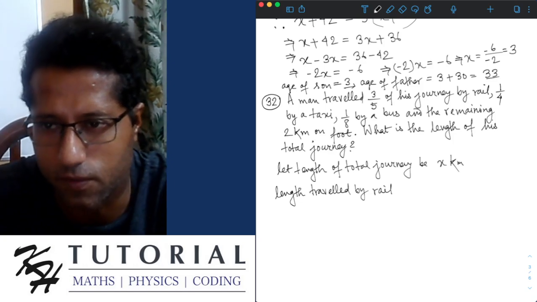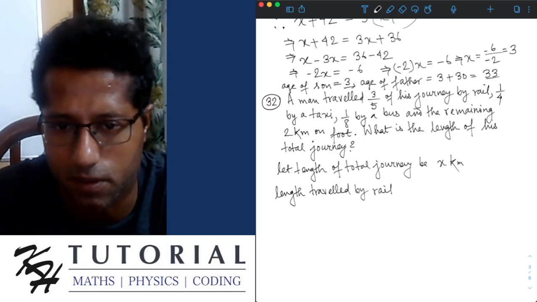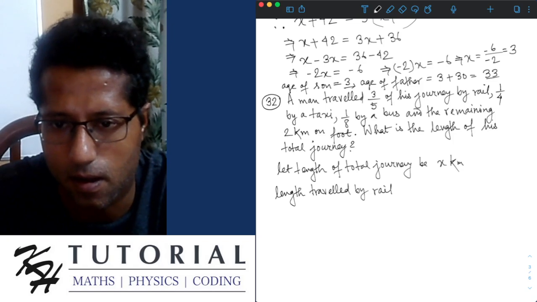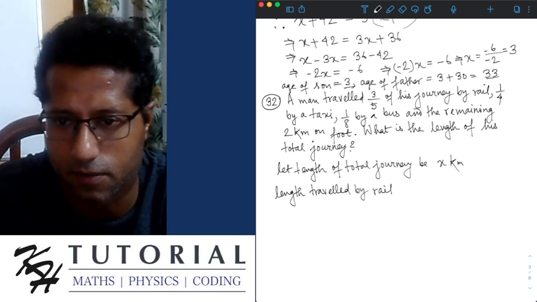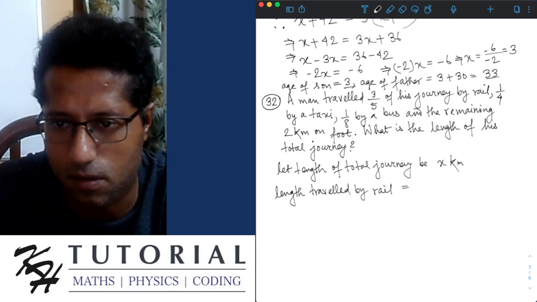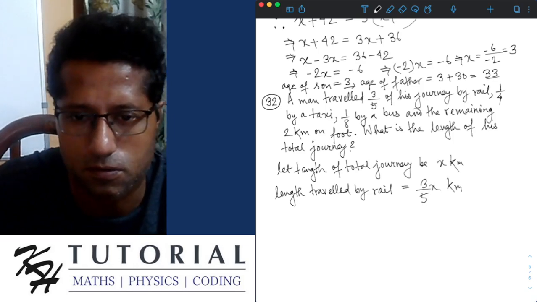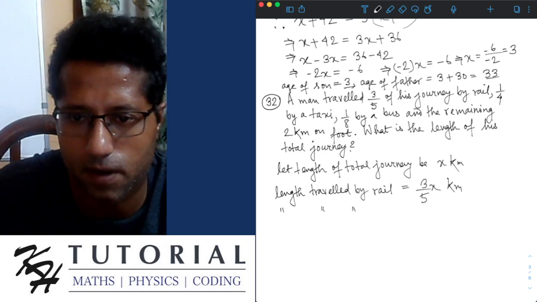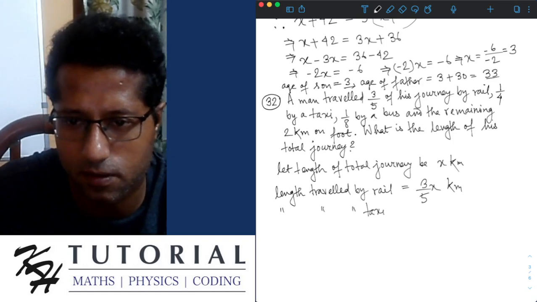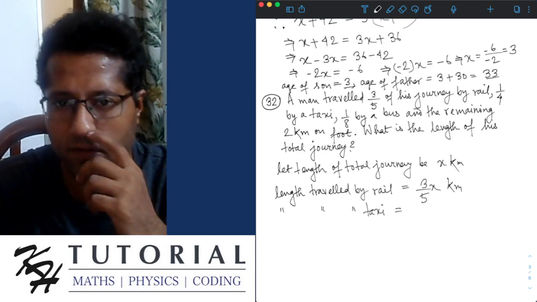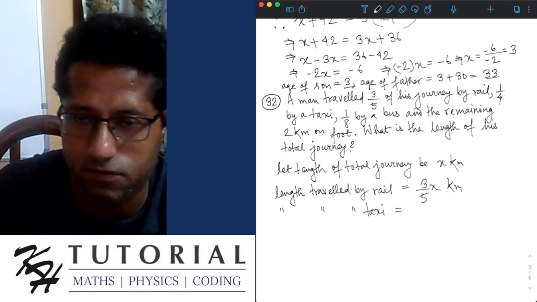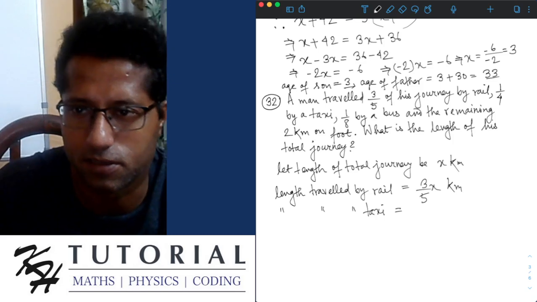So if the total journey is x kilometer, the length traveled by rail equals 3/5 of x kilometer. Similarly, for the length traveled by taxi, it is given that it is 1/4 by a taxi. 1/4 means 1/4 of the total journey the man has traveled by taxi.